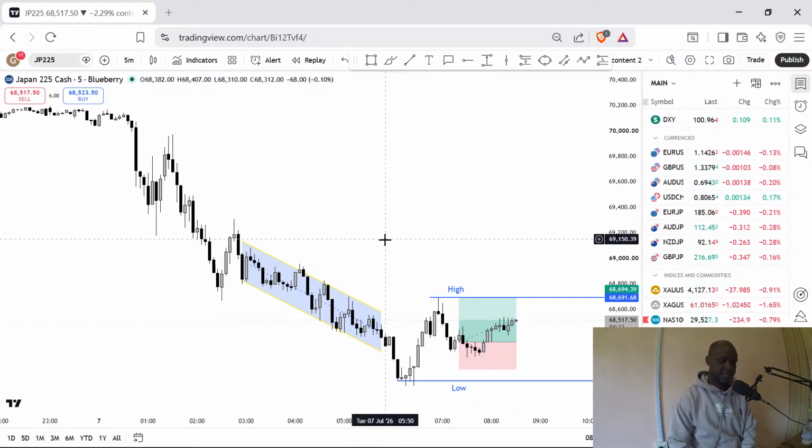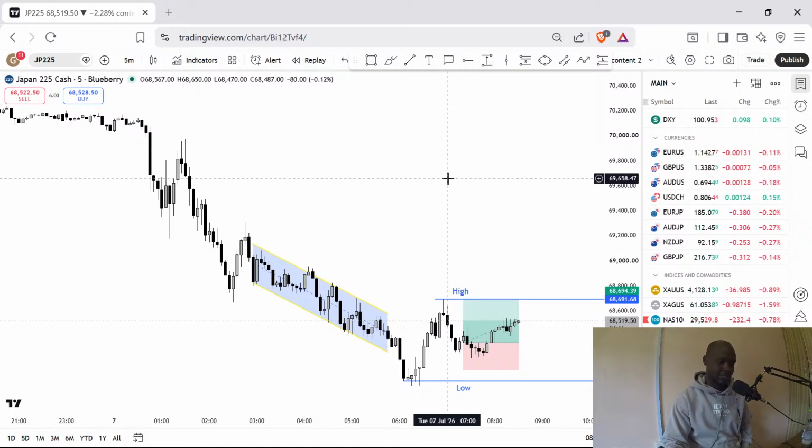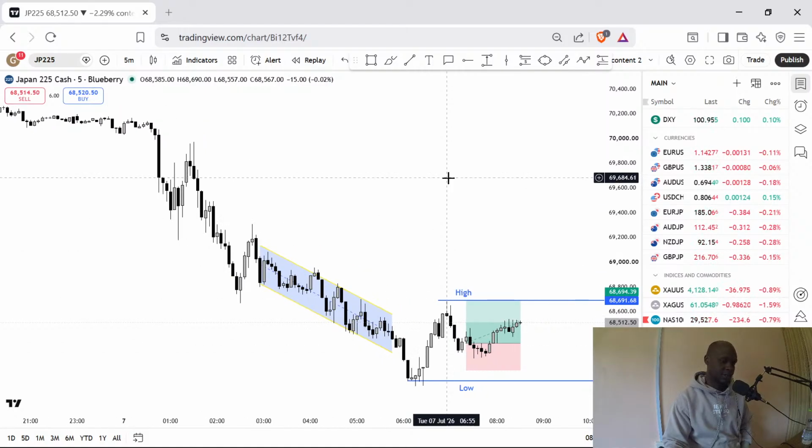As I always say, trading here is really a game of patience. So you have to be patient and wait for price to play out. I had already had to be patient for quite a while to get this setup. The important thing about trading is you have to let trades come.